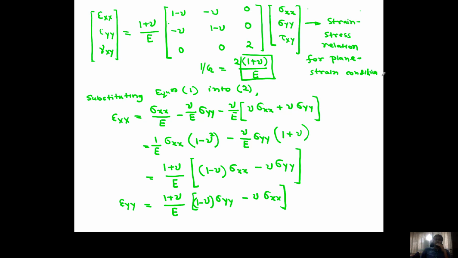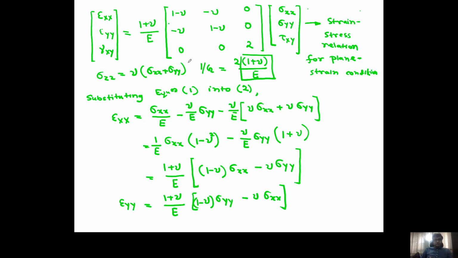So this is the stress strain relation for the plane strain condition. Remember that there is another equation which is hidden here, and that is sigma zz is equal to nu times sigma xx plus sigma yy. So this equation is also there, but that is hidden. We are only considering the independent components.